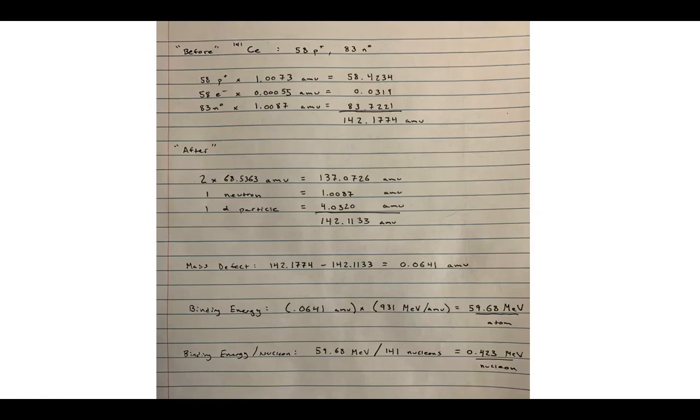In the chat, it said, should we do the math out like this if they ask for binding energy instead? Again, that's kind of hard to answer. It depends on what they tell you. If they tell you, like I did in this question, that 1 AMU is 931 MeV, that conversion probably did come from E equals mc squared.